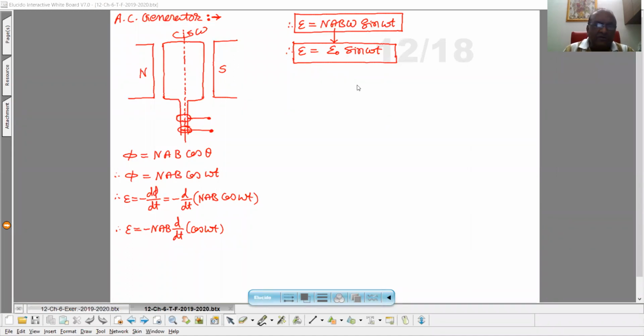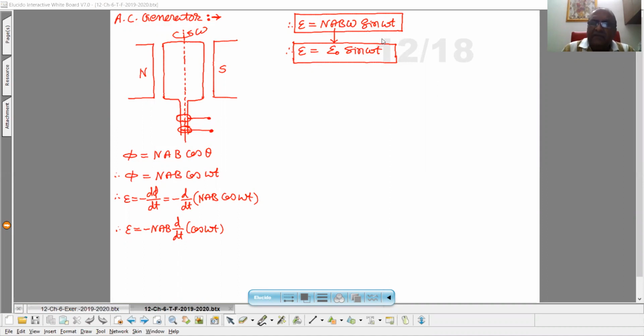So across these two terminals, we are getting output voltage which is continuously changing as per sine function, and therefore we can say this is alternately changing voltage, so AC voltage, and therefore this is called AC generator. This is also known as AC dynamo, right?